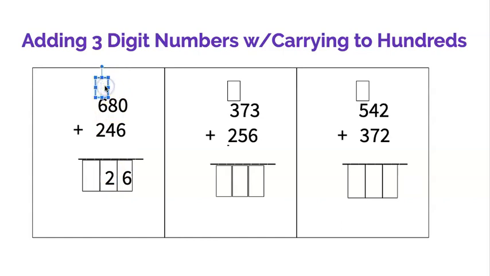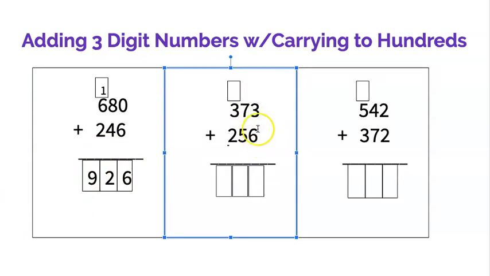Then you carry your 1. And then 6 plus 1 is 7, plus 2 more is 9. So your total answer would be 926.